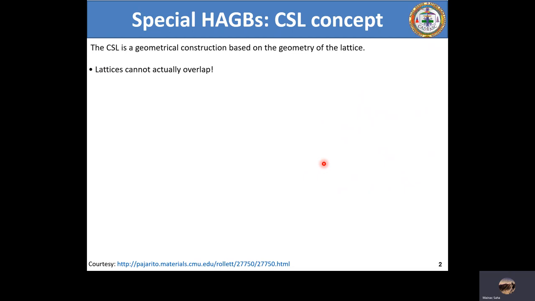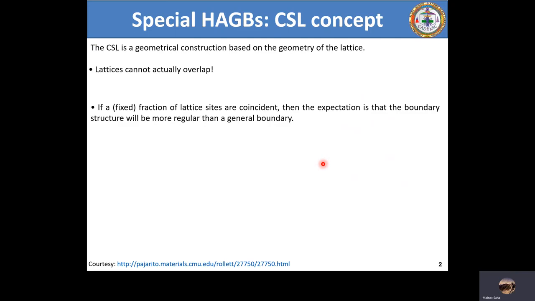That has to be taken care of by the three dependent microscopic degrees of freedom. That arises because of the special high angle boundaries, which even today are modeled very commonly using the CSL concept. So it's around a 70-year-old concept exactly.